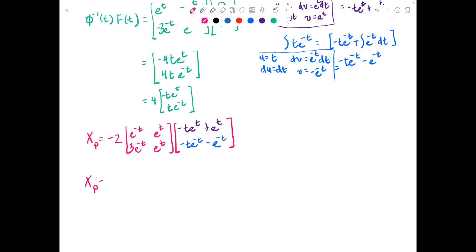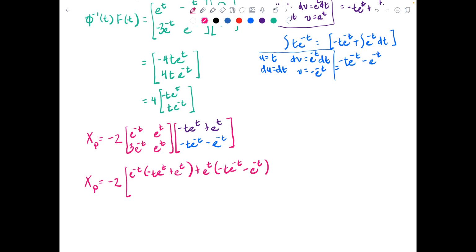And then xp is going to be negative 2 times. We have a 2 by 2, and we have a 2 by 1. So the multiplication is defined. We're going to end up with a 2 by 1. So this one, I'll write it out. We'll have e to the negative t times negative t e to the t plus e to the t, and then plus e to the t times the blue one, negative t e to the negative t minus e to the negative t.